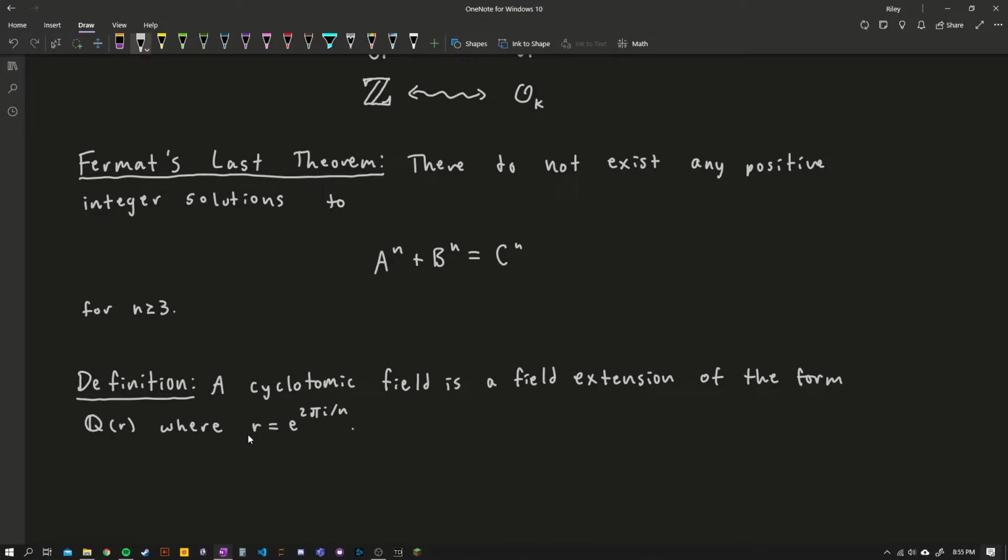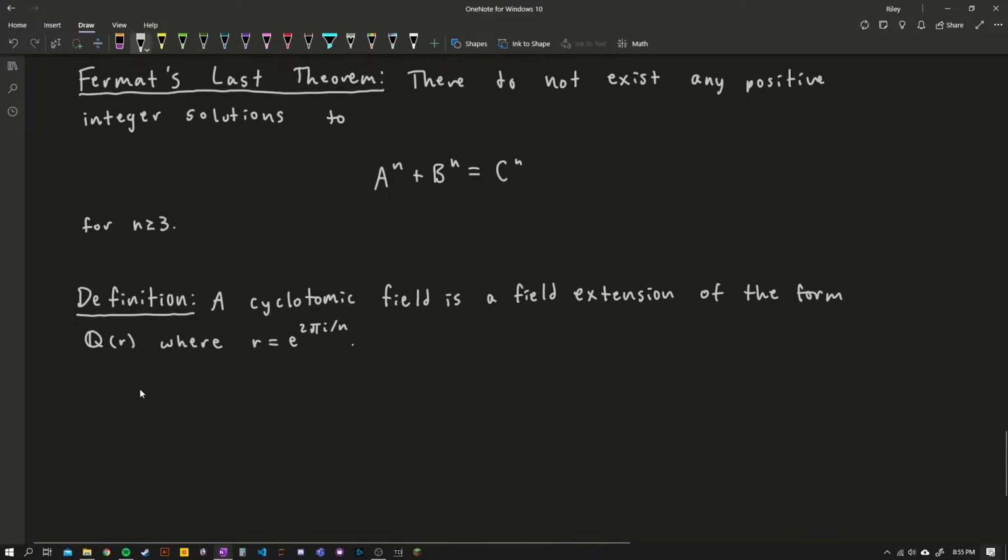And a nice fact about cyclotomic fields is that the ring of integers for Q adjoin r is just Z adjoin r. It is important to point out that in general it is not that easy to just swap the Q with the Z and be good. This is just a special fact that happens to be true for cyclotomic fields.